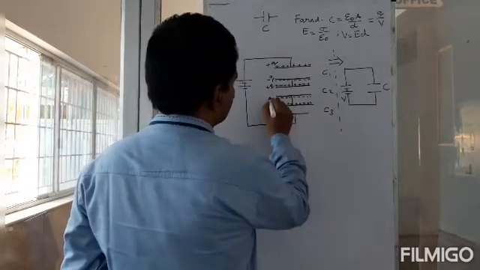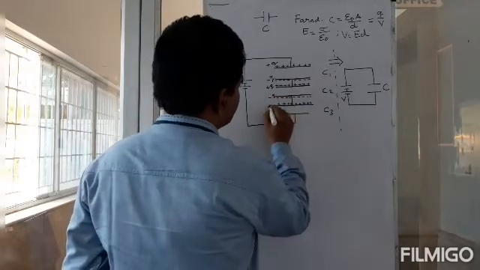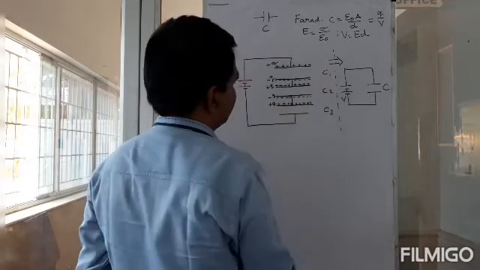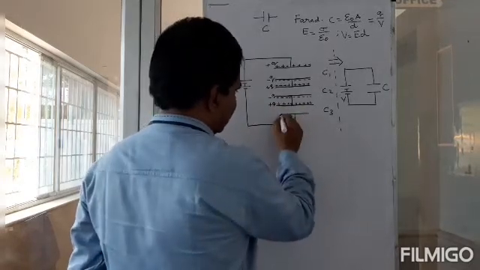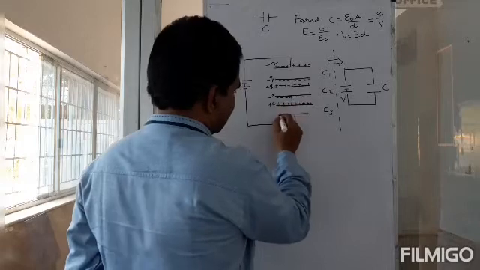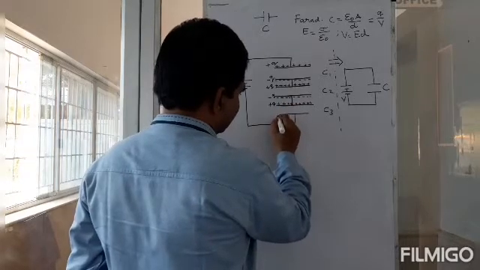So now you are going to get minus Q here, then plus Q here. Then again, because of this field, negative charges will be attracted here.